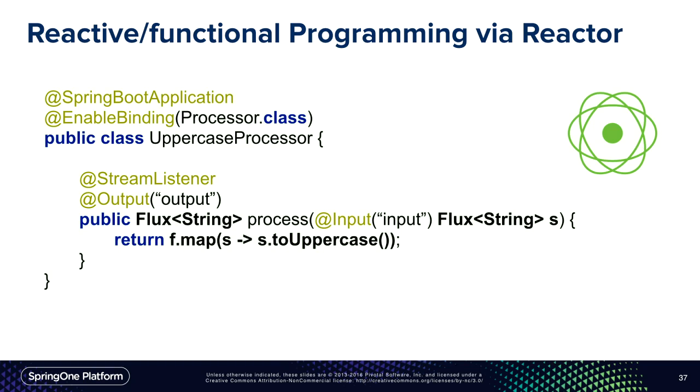Instead of injecting a message, instead of saying what you do with each incoming message, we actually see the input as being a flux of messages. How many of you have attended the Reactor talks? So you know what I'm talking about with flux here, right? It's one of the reactive types. We also support RxJava observables.